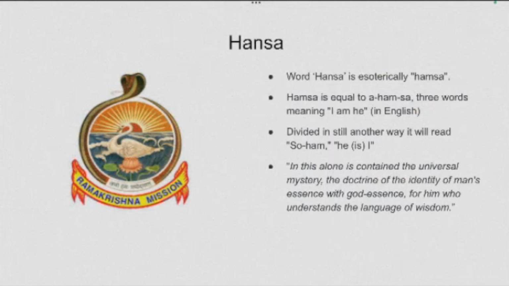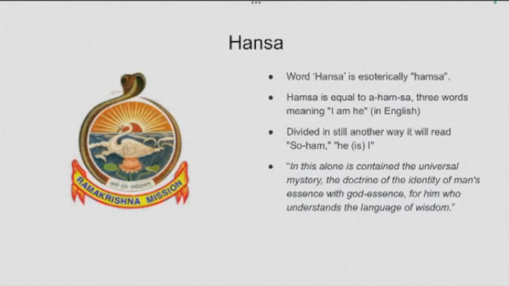Yet another symbol is the bird swan, Hansa. The picture is used as the symbol of the Ramakrishna Mission. Now, Hansa esoterically means Hamsa, which is equal to Aham Sa, three words meaning "I am he" in English.